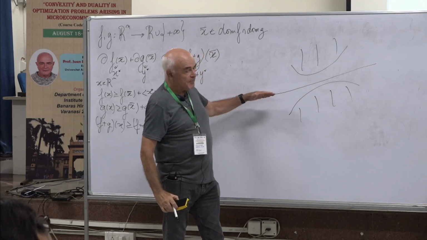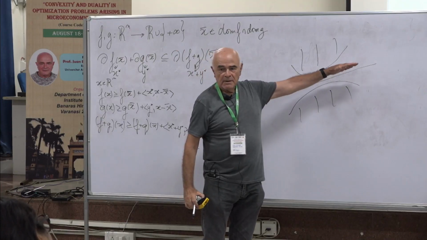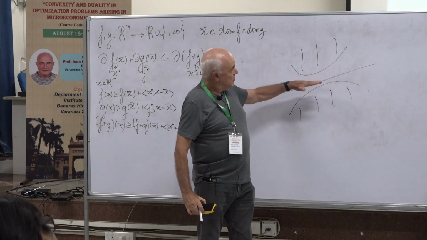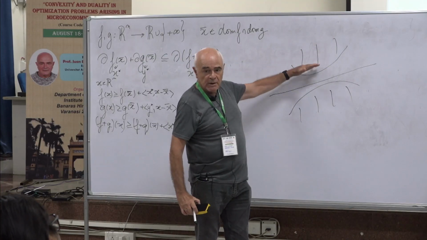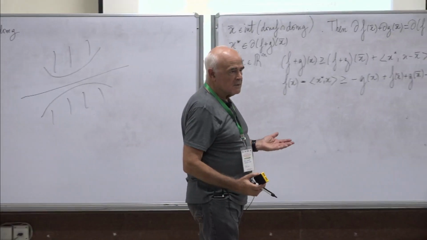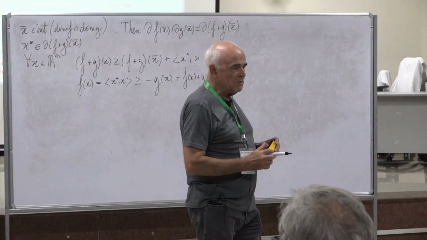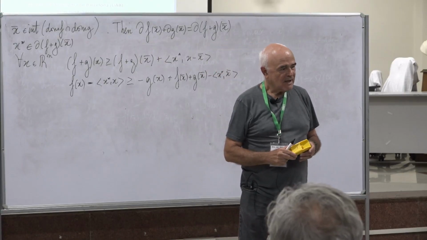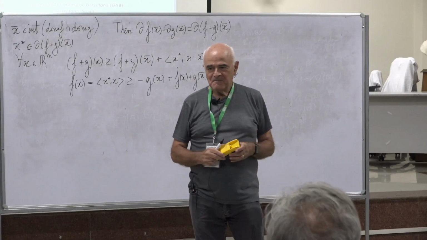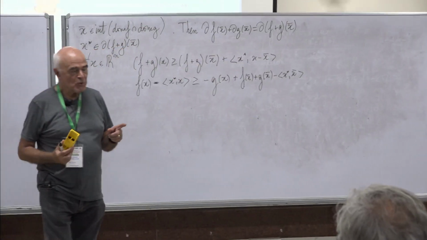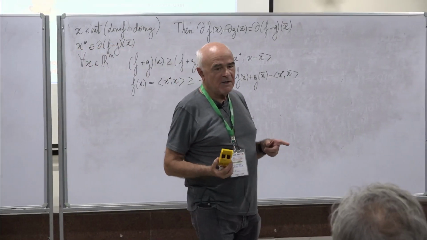You find a separating hyperplane, and this separating hyperplane defines an affine function which is below the convex function and above the concave function. This is almost always true, but not always. Can you give me a counterexample? I'm going to ask you a very simple question for which you are likely to give me a wrong answer.